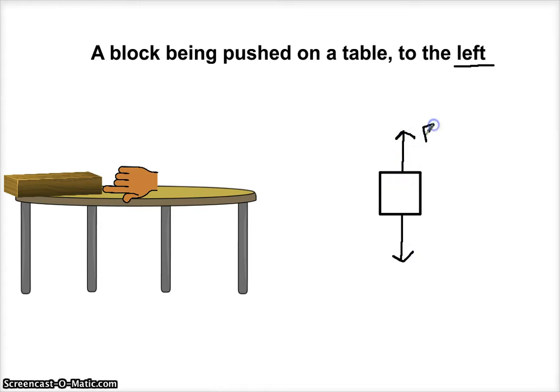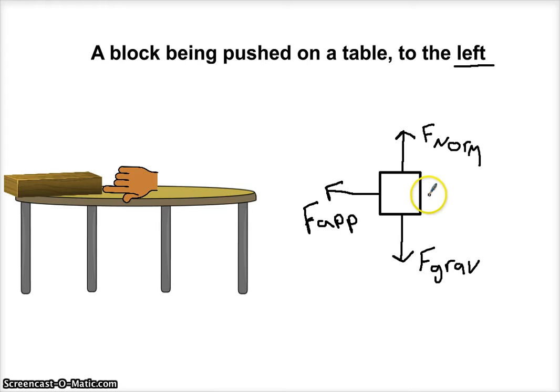It's not a flying block, so we're going to have our arrows be the same length, but opposite directions, so that it's balanced in that direction. And we had a force causing this to move to the left, and that force we call the applied force. So we're going to label that FAP for applied force.